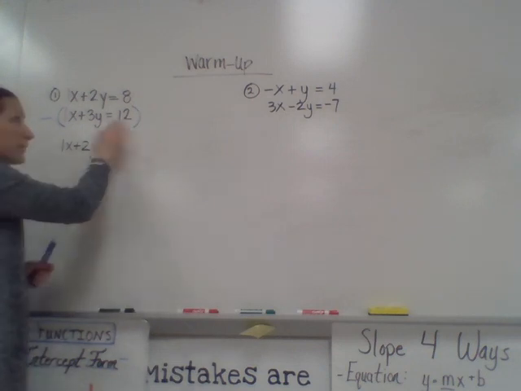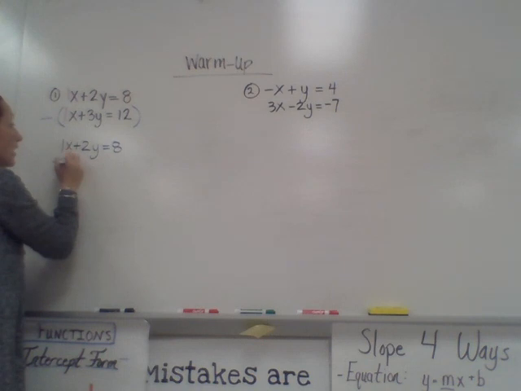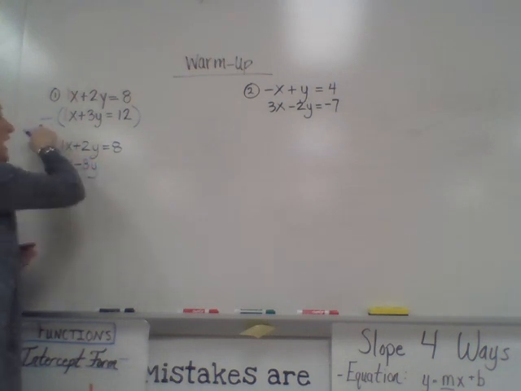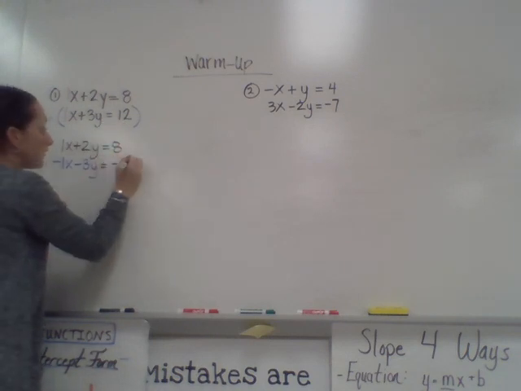So when I multiply everything by -1, it's just going to change all my signs. So I'm going to have a -1x. My positive 3y becomes a -3y, and -1 times 12 is -12.